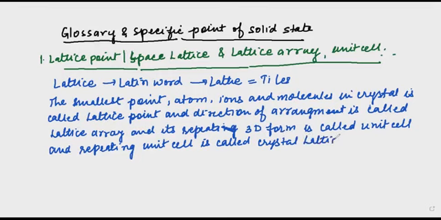Means the smallest point of the crystal is called atom or ion. Now you imagine how we explain. Suppose these are the smaller atoms. Suppose you feel that a crystal is a room, and the smallest unit which forms the room is called a brick.